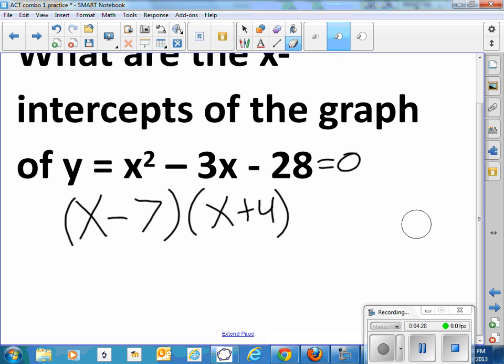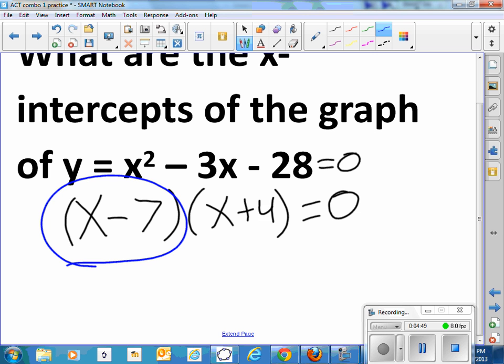If I multiply those two factors, they will equal the expression above it. But those two factors multiplied together also equal 0. And for any two numbers multiplied by each other to equal 0, one of them must be 0. Well, if it's this one right here, then x minus 7 must have been equal to 0.